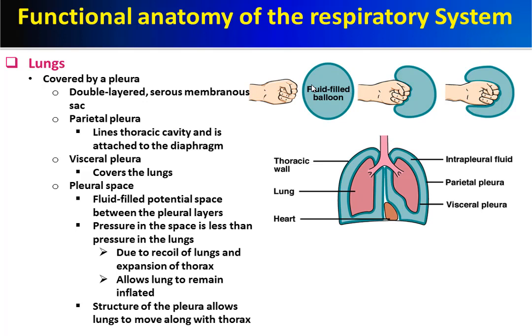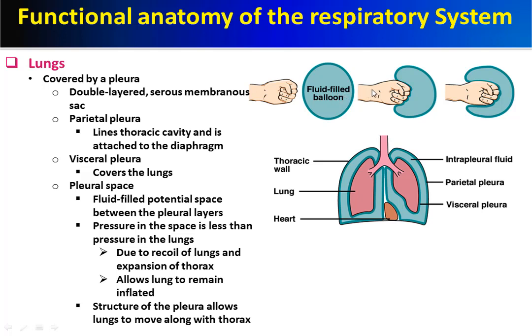Embryologically, developmentally, during the intrauterine life, while we are still in the uterus of our mothers, we have two pleural sacs. One pleural sac on the left side and the other on the right side. And the lung develops by pushing into the pleural sac, like this hand pushing into this fluid-filled balloon.